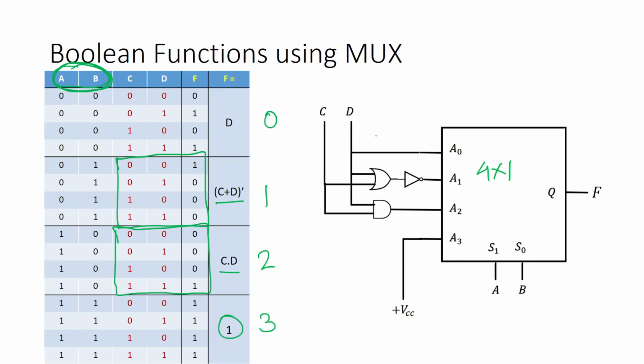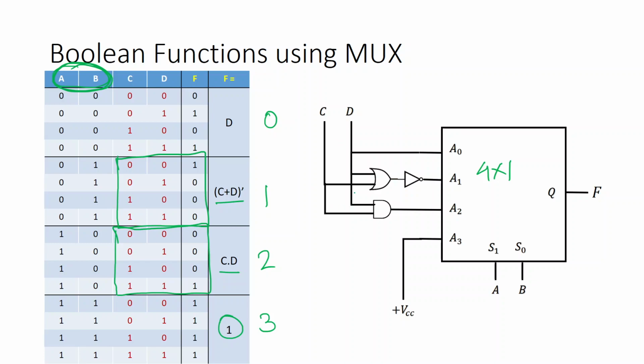So in that light, we have connected the input side, the data input side, to these signals. D is connected to A0, A1 is connected to C or D dashed. So I could have used a NOR gate here also.